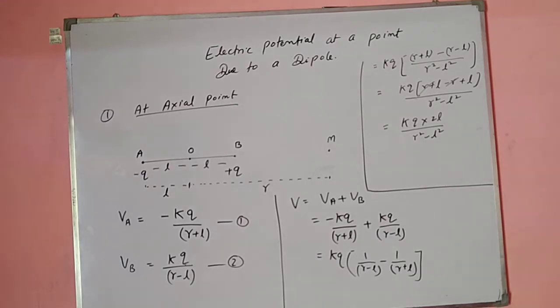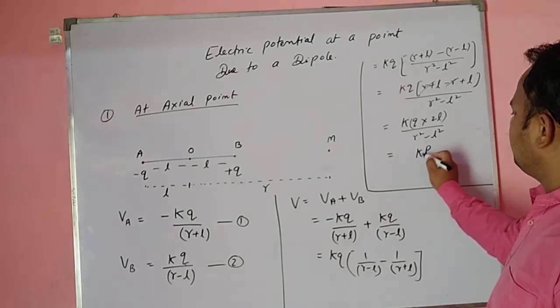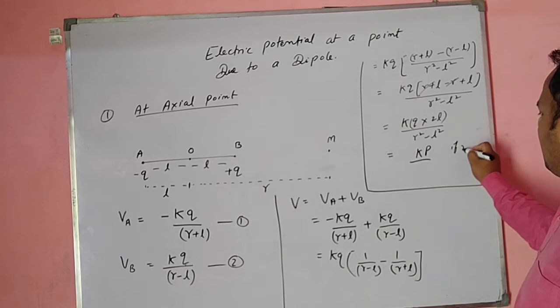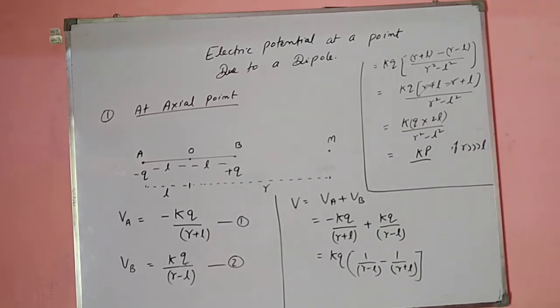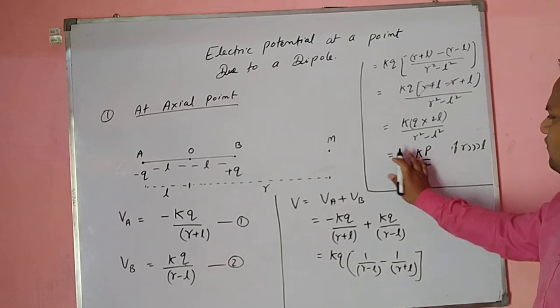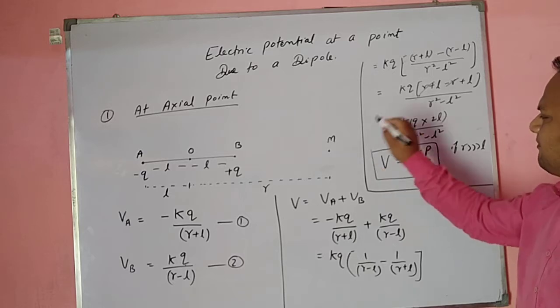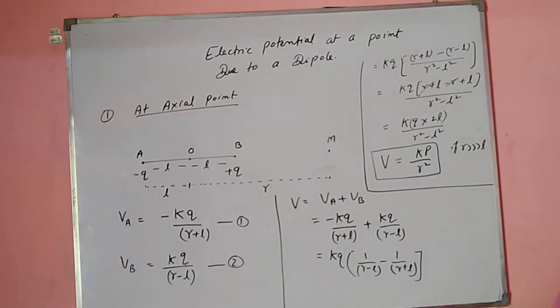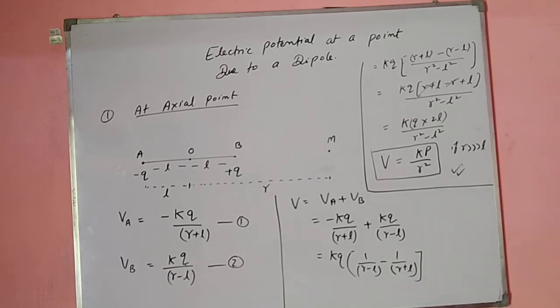Friends, as we all know that this quantity q into 2l is your dipole moment, so this is going to be Kp, and if r is much greater than l, we can neglect this l square, so we have ultimately r square. So this is the potential at point M, at the axial point, due to this dipole. So remember this answer.